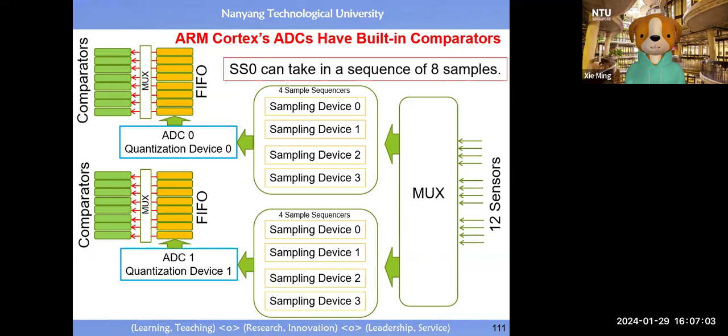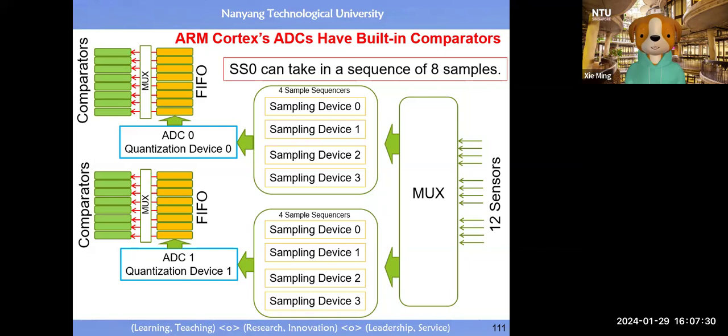Okay, and since you have now, you see the numbers 12, 8, 2, then you need, as a user, to tell sensor 1 go to which sampling device, which quantization device. Sensor 2 go to which sampling device, which quantization device. Okay, because it's not one-to-one. So you have flexibility, so you must tell.